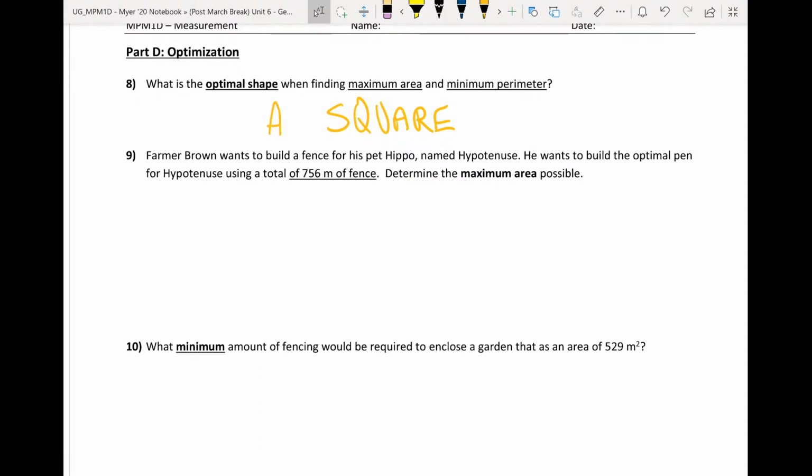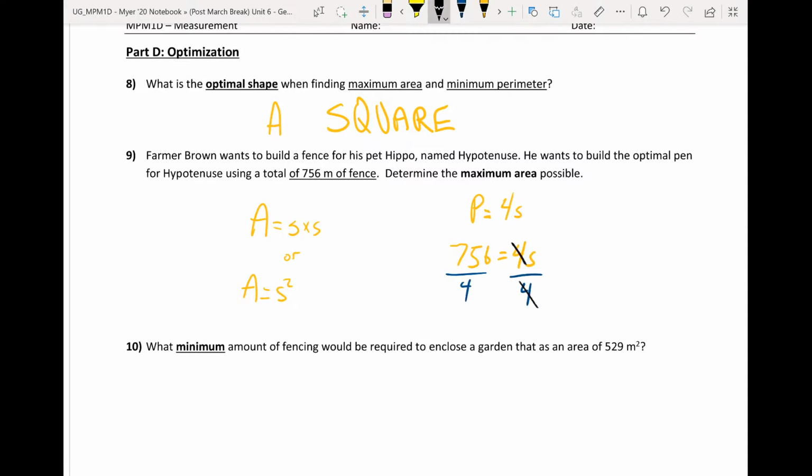Right? So the maximum area, if it's a perfect square, is going to be side times side, or area is equal to s squared, right? The perimeter of a perfect square is 4 times the side. So in this case, we're given 756 as our perimeter, and we just need to solve for s. To get s all by its lonesome, we're going to divide both sides by 4.